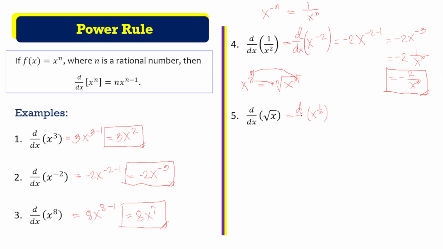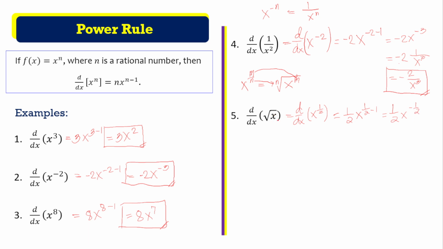Then get the derivative of x raised to 1/2. Simply multiply the exponent to the coefficient 1. So 1/2 times 1 is 1/2. Then copy the variable, subtract 1 from the exponent 1/2. When you subtract 1 from 1/2, that gives you negative 1/2. So 1/2 x raised to negative 1/2.